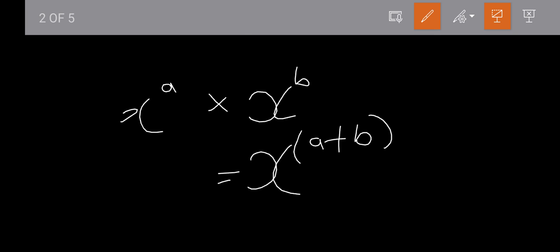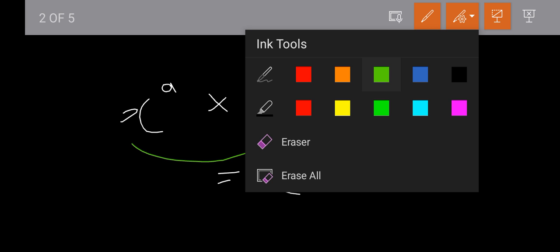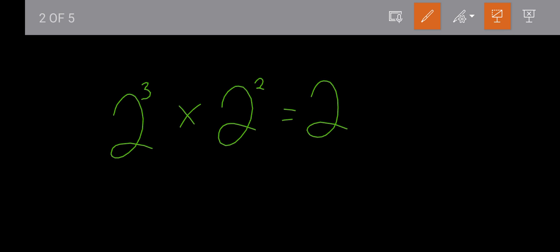Because the bases are the same, if you check the base, you can see that it's the same. So I can give an illustration on something like this. I can say 2 raised to power 3 times 2 raised to power 2 is equal to 2 raised to power 3 plus 2, which is 2 raised to power 5.